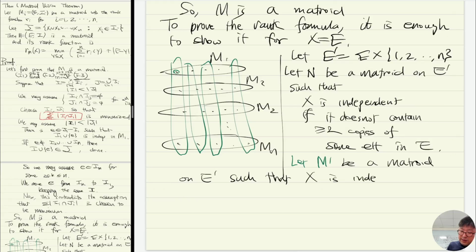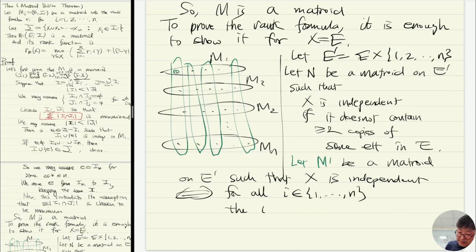X is independent if and only if for all i from 1 up to n, the ith row of X is independent in Mi.